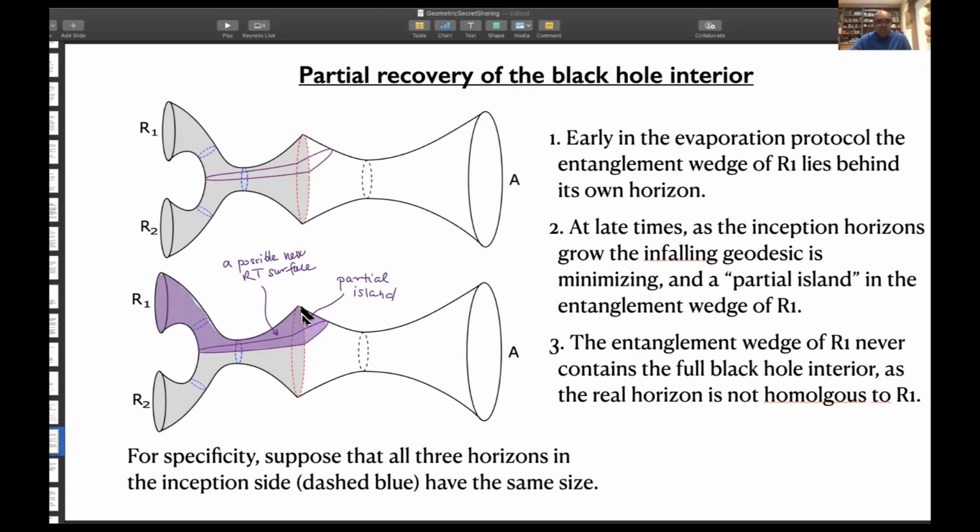So at late times, if you know everything about the radiation R1 in this picture, you will know something about the region behind the horizon, something about the black hole microstates, but you won't know everything. And no matter how late you wait, if you only have some of the radiation, you will never recover the entirety of the interior. Great, that accords well with what we would hope.